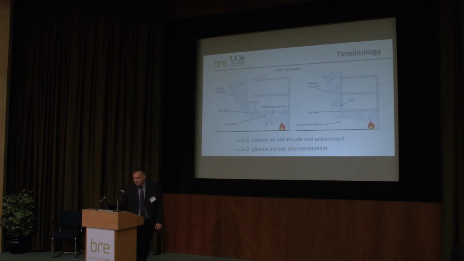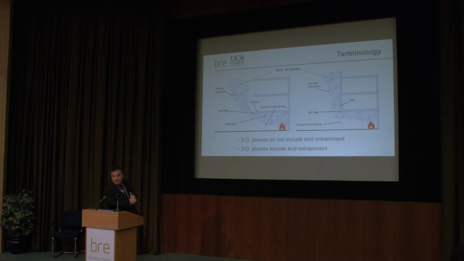Now, I think it's quite important to talk about terminology and make clear the terminology that I'll be using today, because different people use different terms. Essentially, there are two generic types of spill plume available in design. On the left-hand side here, we have what we call a balcony spill plume, which I've effectively just shown: a fire in a unit, fronting onto a larger space.